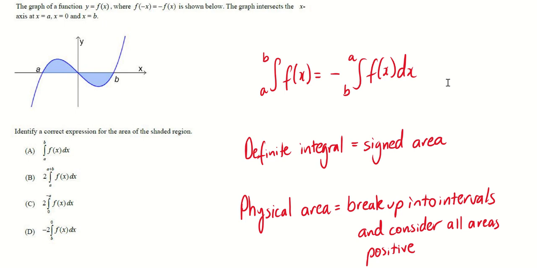You'll see that the subtraction will make it negative by doing it in a different order. So two other points: if we have a definite integral over an interval, that's the signed area. Okay, it takes into account positive and negative areas. But if we're after a physical area, we need to break up the area into some intervals and consider all of the small areas positive.